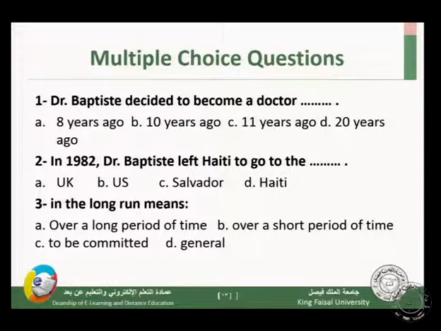Okay, now we go to the multiple choice questions. We have 3 multiple choice questions. The first one is, Dr. Batiste decided to become a doctor. Is it 8 years ago, 10 years ago, 11 years ago or 20 years ago?